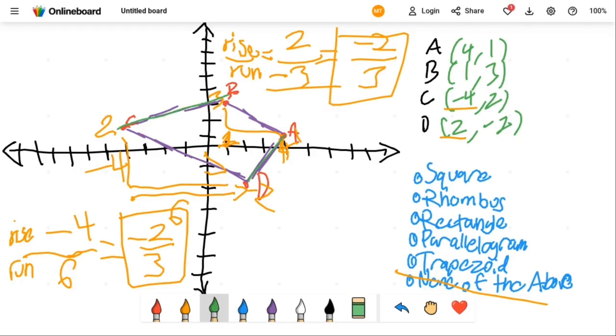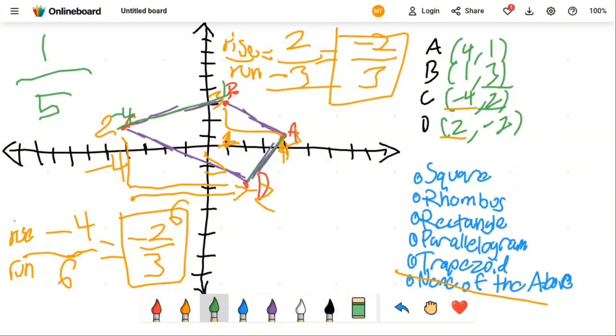For CB, we go from -4 to 1, so the run is 5, a distance of 5 to the right. The rise goes from 2 to 3, which means it goes up 1.